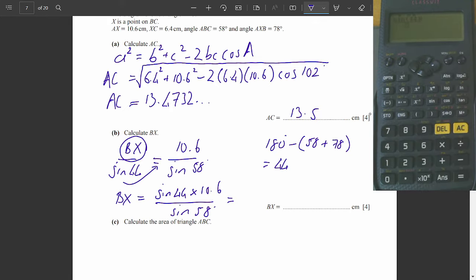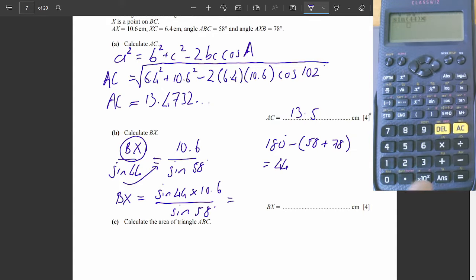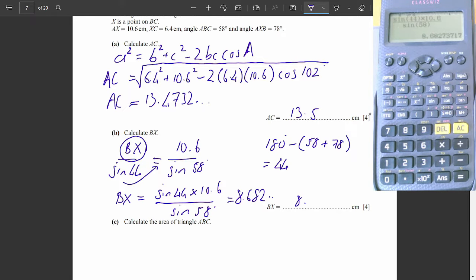Put that into our calculator. We get a beautiful answer there, 8.682, etc. Rounded to three significant figures, 8.68.